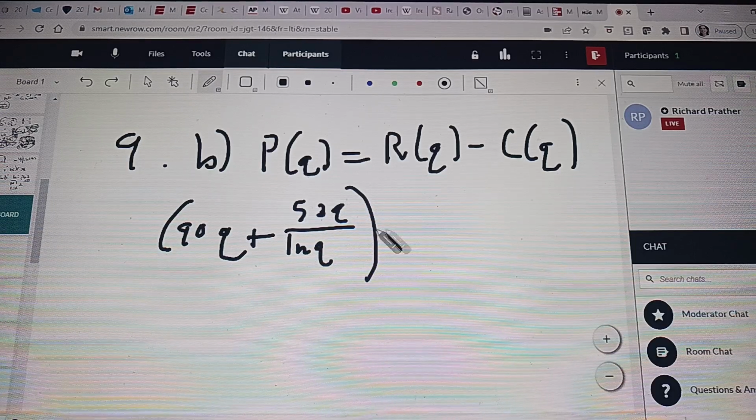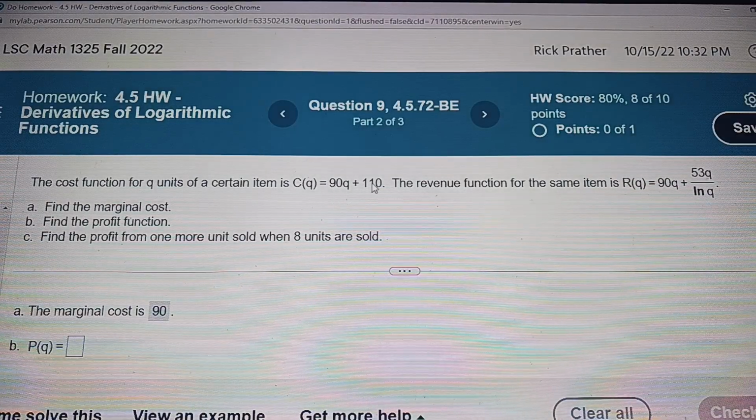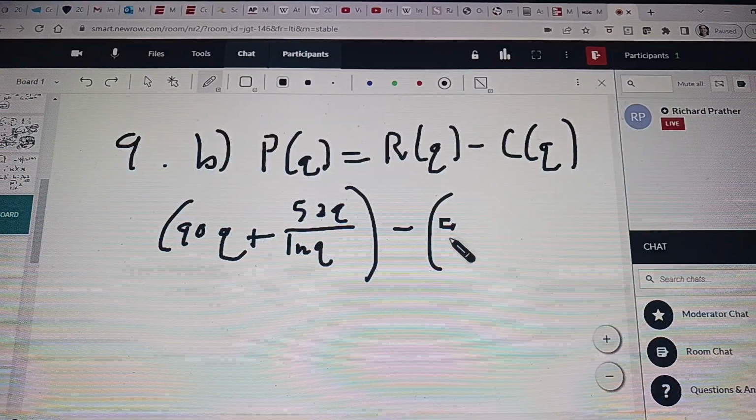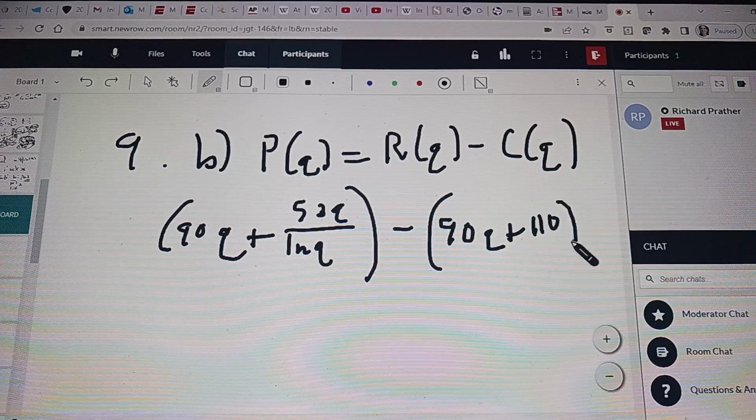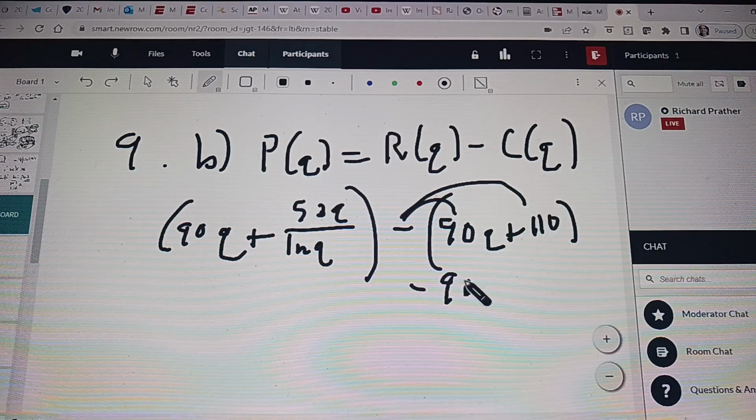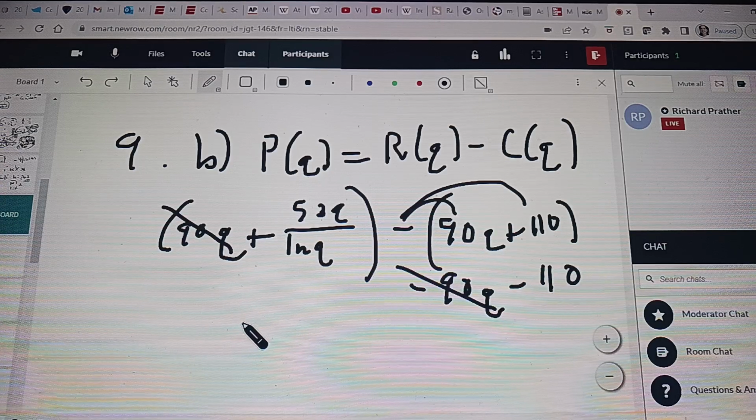There's the revenue minus the cost. The cost function is this linear 90Q plus 110. And I'm putting parentheses around both of these because this negative goes to both of those: negative 90Q and negative 110. And then this negative 90Q luckily cancels this positive 90Q because you're just subtracting that and getting 0.